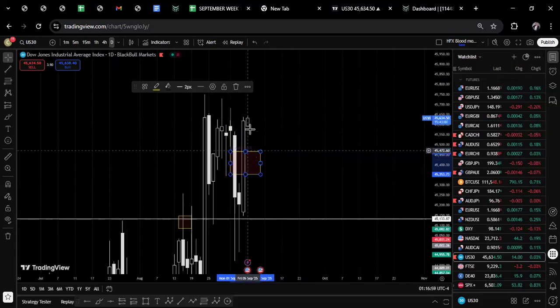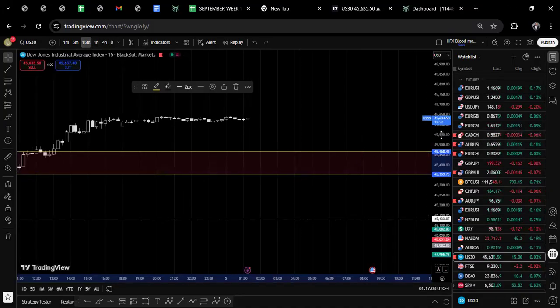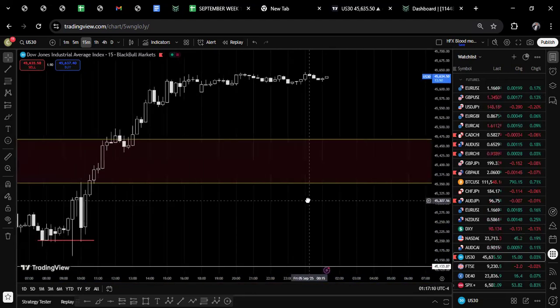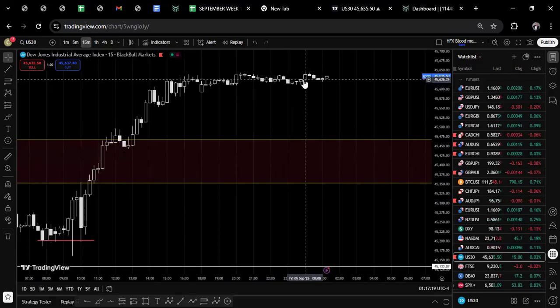So first of all, my bias now is that I'm expecting a sell, a short for today. I go down to my 15-minute time frame. Where's my 12 a.m.? All right, I see that the market opened here, at this price, for my midnight at 626.